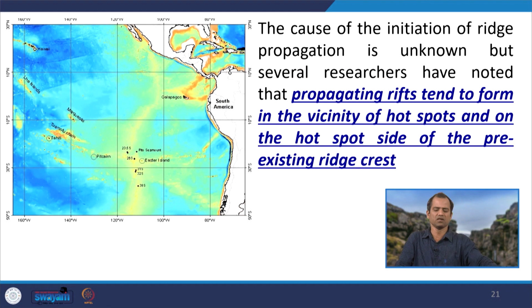Now, the cause of the initiation of the rift propagation is unknown, but several researchers have noted that propagating rifts tend to form in the vicinity of hotspots and on the hotspot side of the pre-existing ridge crest.